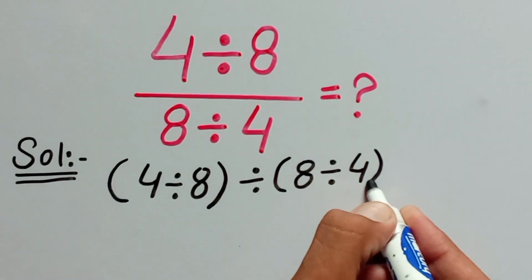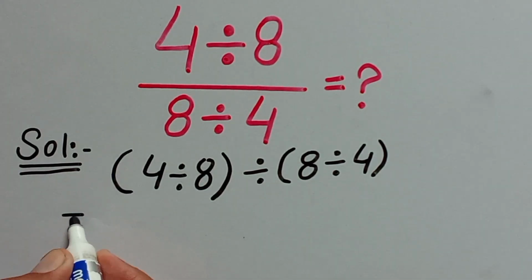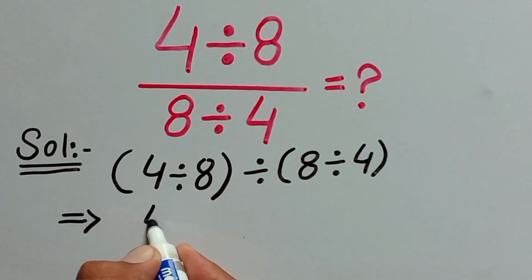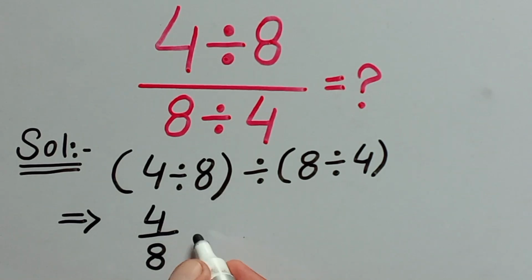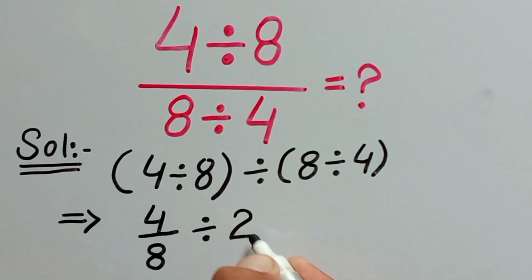Now guys, here firstly I can simplify these parentheses. So 4 divided by 8 I can write as 4 divided by 8, divided by 8 divided by 4 is 2.